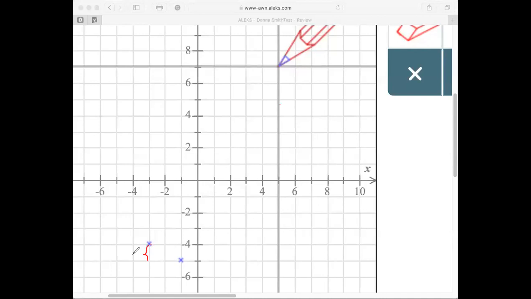That's representing going down 1, which I'll write as a -1. This represents going to the right 2 or running 2 to the right, which represents our run.